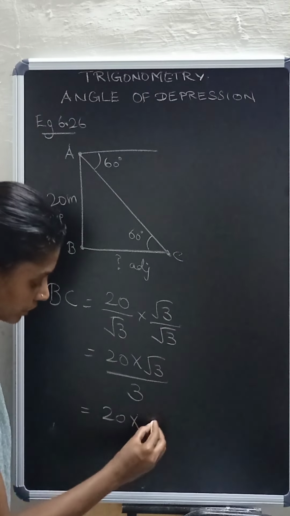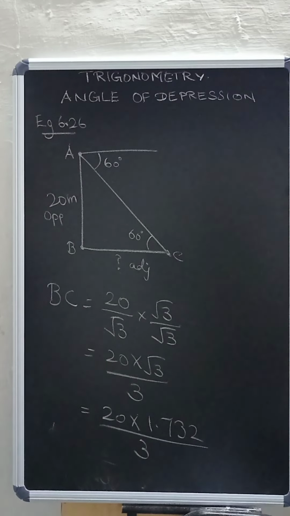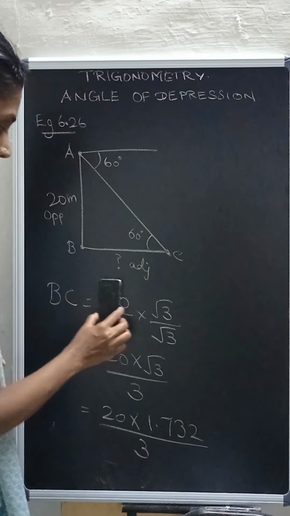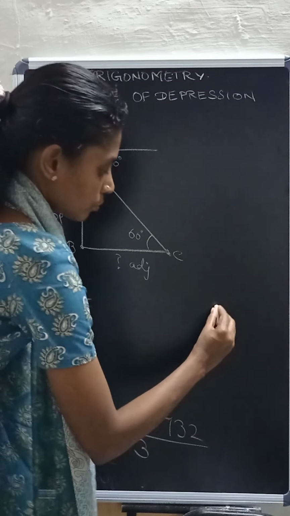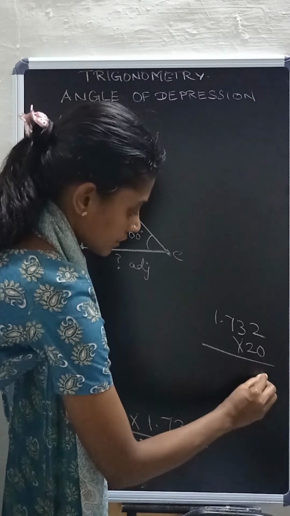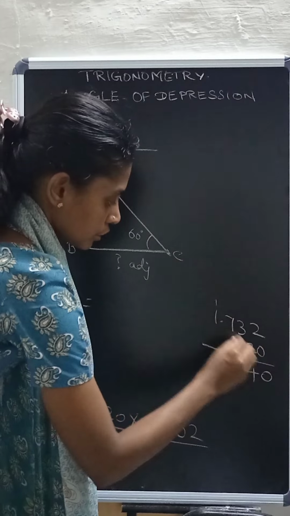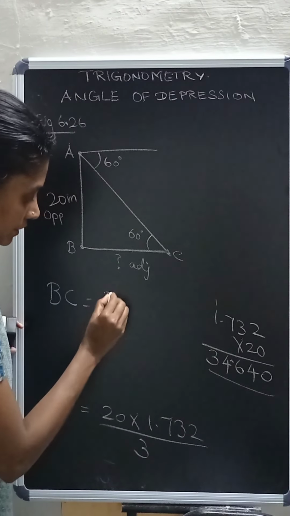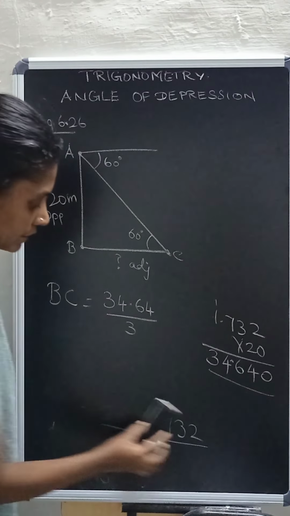Now the value of root 3 is 1.732, divided by 3. So 1.732 into 20 is 34.64. After 3 digits, keep the point. So 34.64 divided by 3.